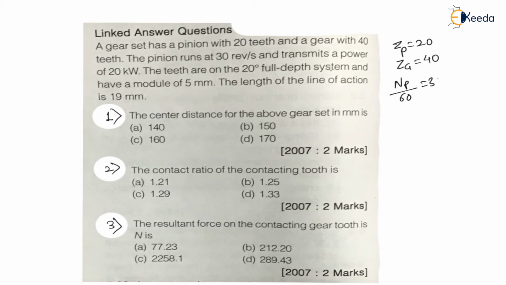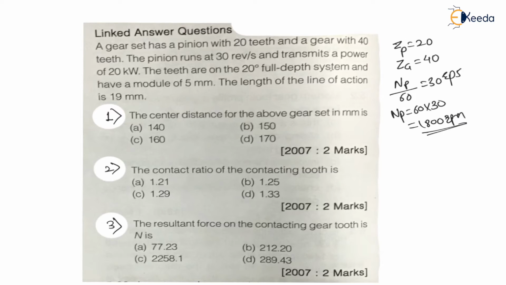This is given as 30 rps. Generally, this Np is rpm, revolutions per minute. Therefore we can say Np is equal to 60 into 30, which is nothing but 1800 rpm, if I want to find it in rpm.